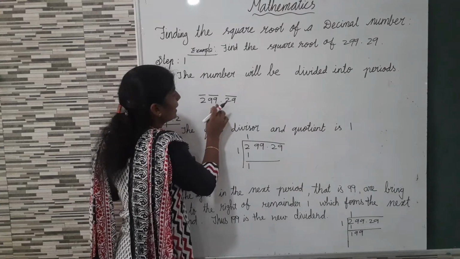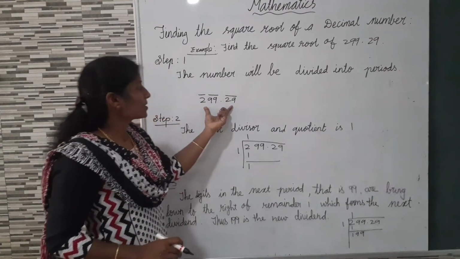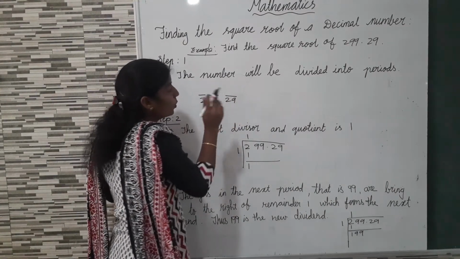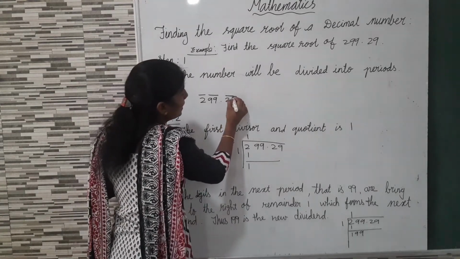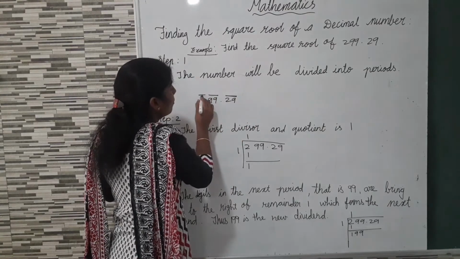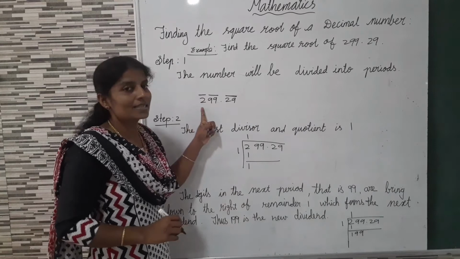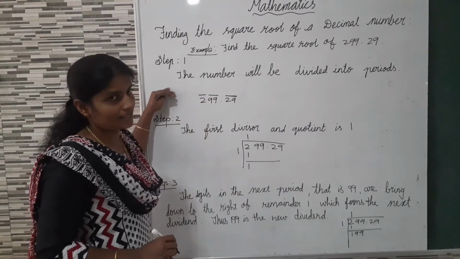Here 1, 2, 3, 4, 5, an odd number of digits. Now right to left we draw the bar: first 2 numbers, next 2 numbers, then only 1. The first period is only 1 digit because this is an odd number of digits. This is the first step.